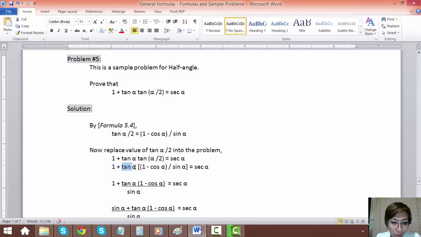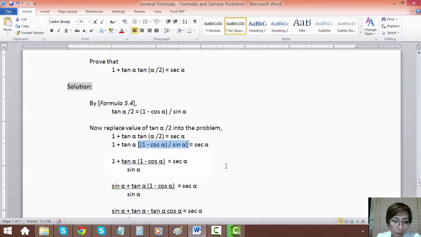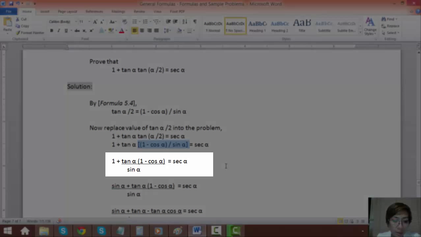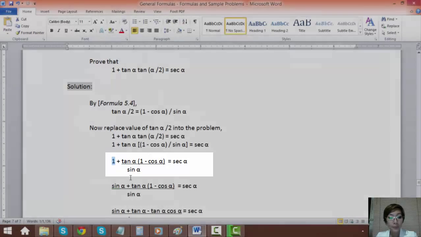Or if we rewrite that one in two lines, it will be the same as 1 plus, the 1 is not included with the denominator sine alpha. So 1 plus tangent alpha times 1 minus cosine alpha all over sine alpha is equal to secant alpha.